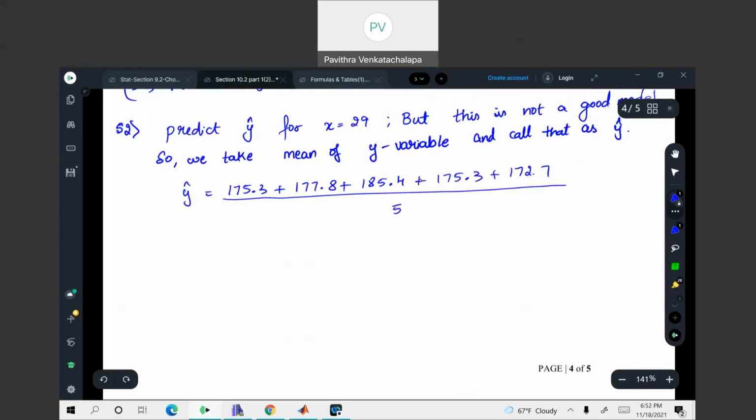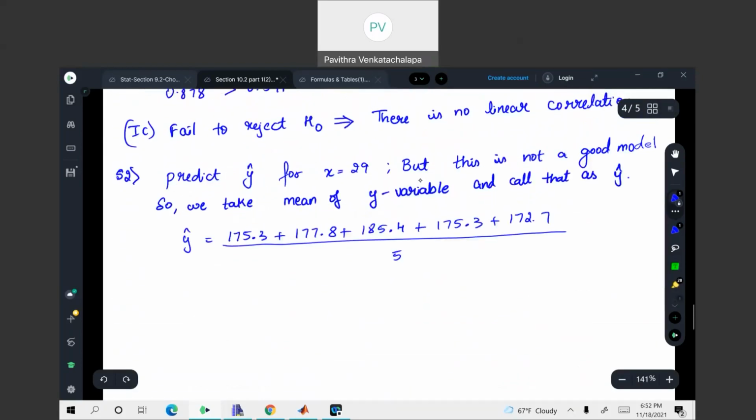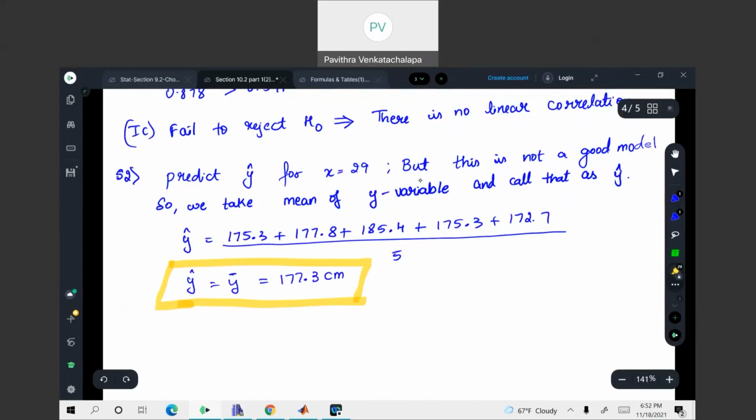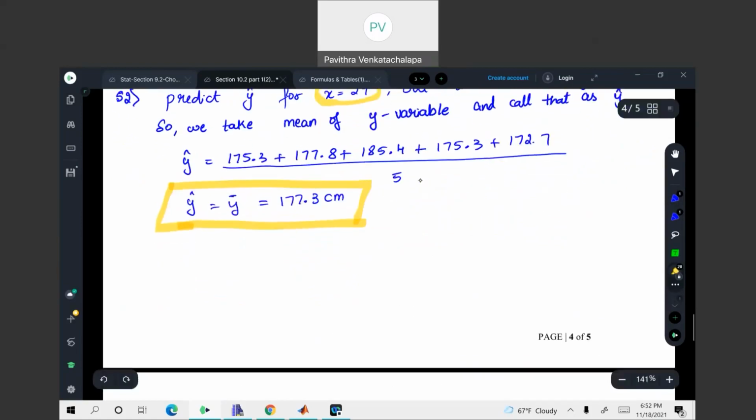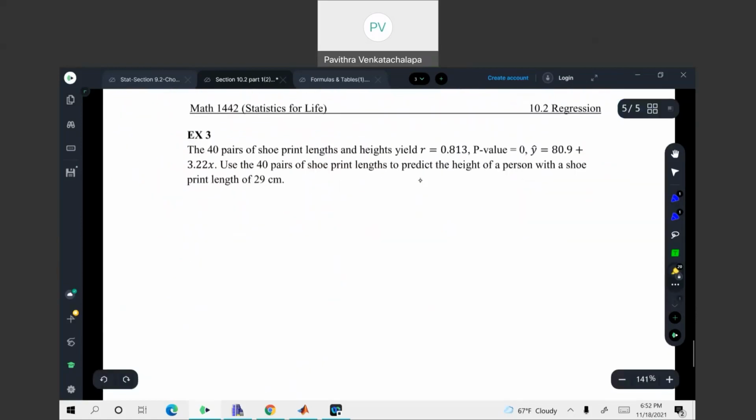So if we call y cap as y bar now, because it's a mean, this is your answer. As you see, we are not using x equal to 29 anywhere, because it's not a good model, so we are not going to build the regression equation.